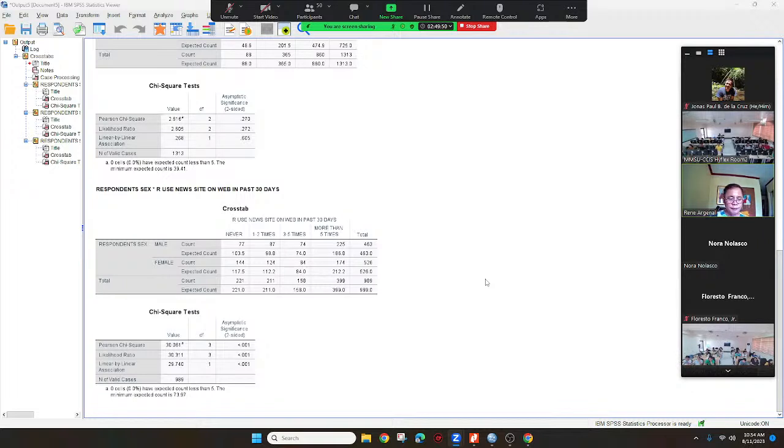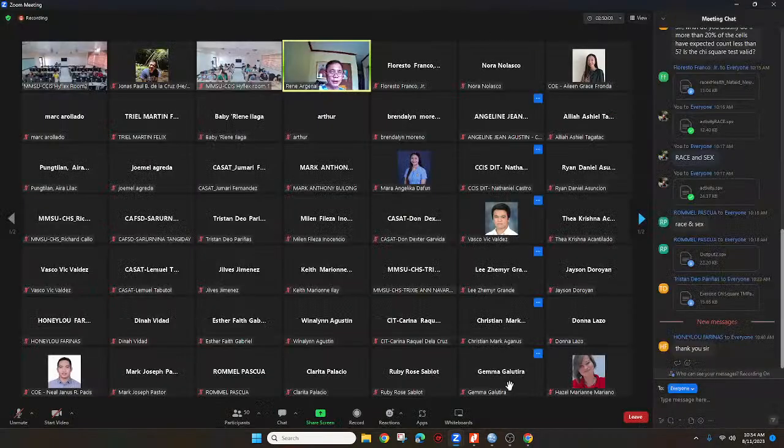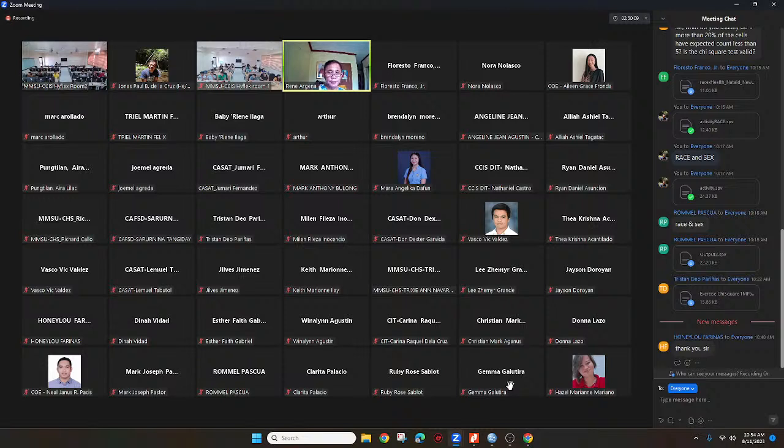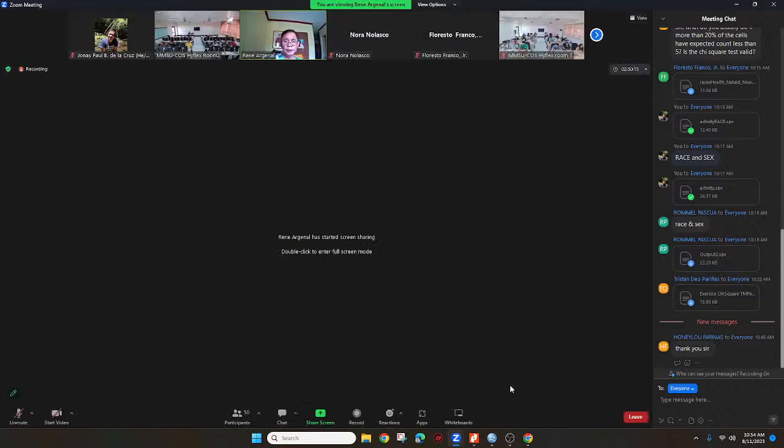Very good, everyone, because you know how to run IBM SPSS for determining relationship for qualitative variables, particularly the use of the chi-square. You know also how to interpret, then do the explanation.